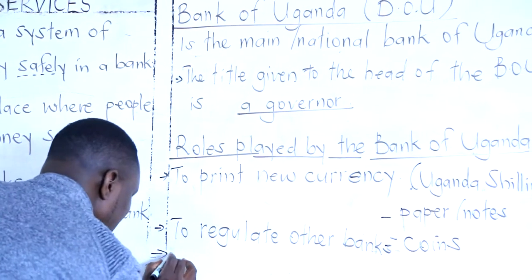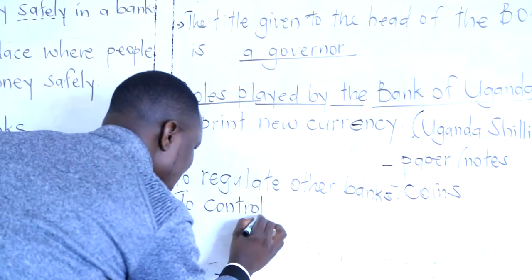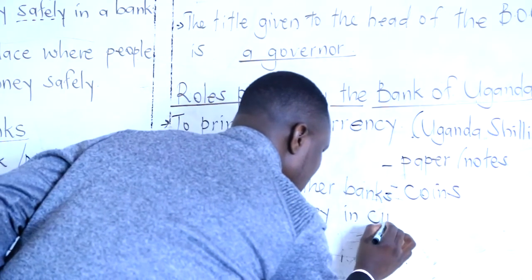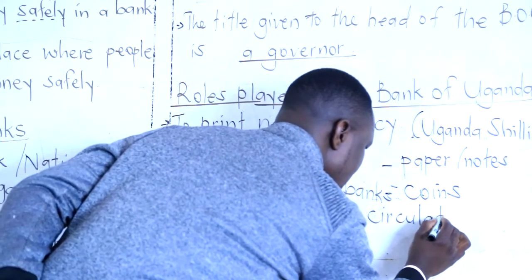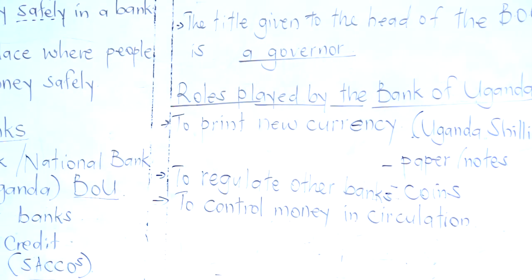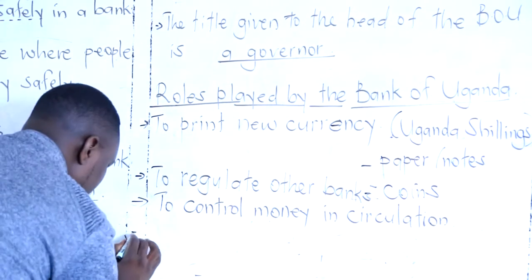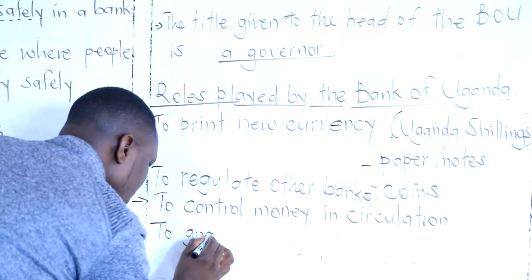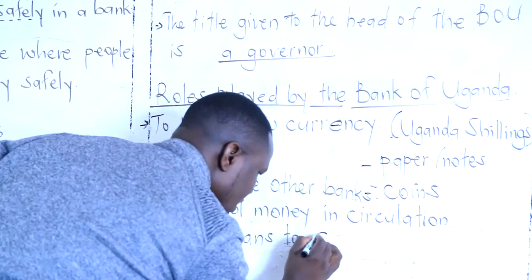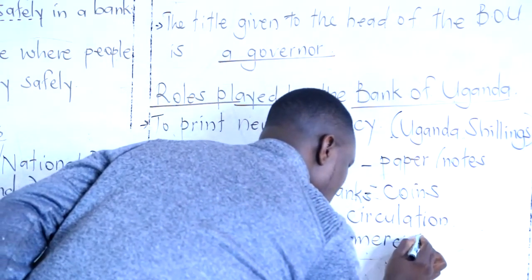Then its other role is to control the money in circulation. Then it also gives loans to other banks, like commercial banks.